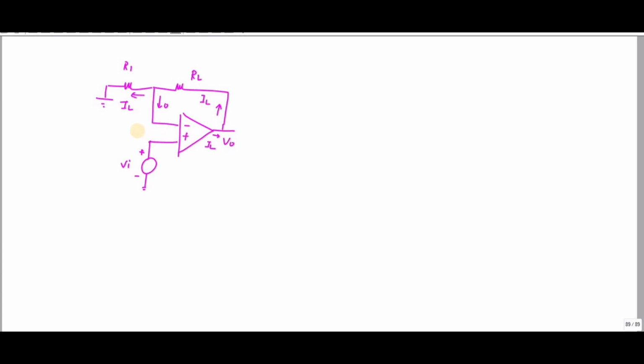Since this point is VI, I can write VI is equal to IL by R1. Therefore IL by VA is equal to 1 by R1, and this is nothing but a transconductance.